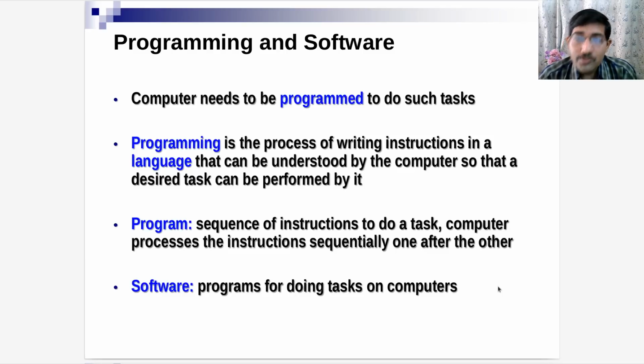So we can write in a more readable form of language, though not in mother tongue, but in a kind of language that computers can understand. C is the one that we will use here. Program and software, I am not going into the details because you have elaborated on this. It's a sequence of instructions or tasks, and programs for doing tasks on computers are called software.